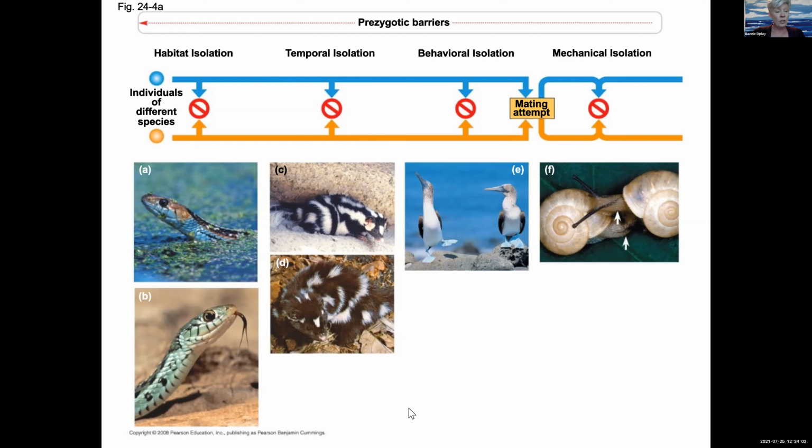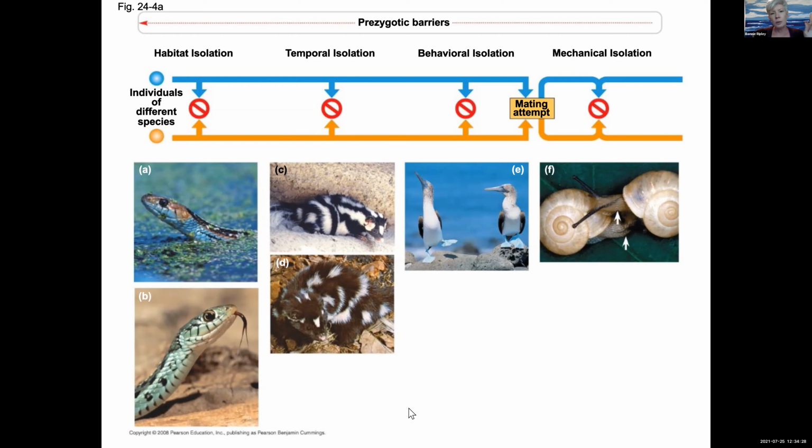Remember we talked about in fertilization the sperm binding receptors on the surface of the egg, right? The sperm and the sperm binding receptors have to match. So that is an important pre-zygotic barrier to hybridization, or to mating between individuals of different species, right?